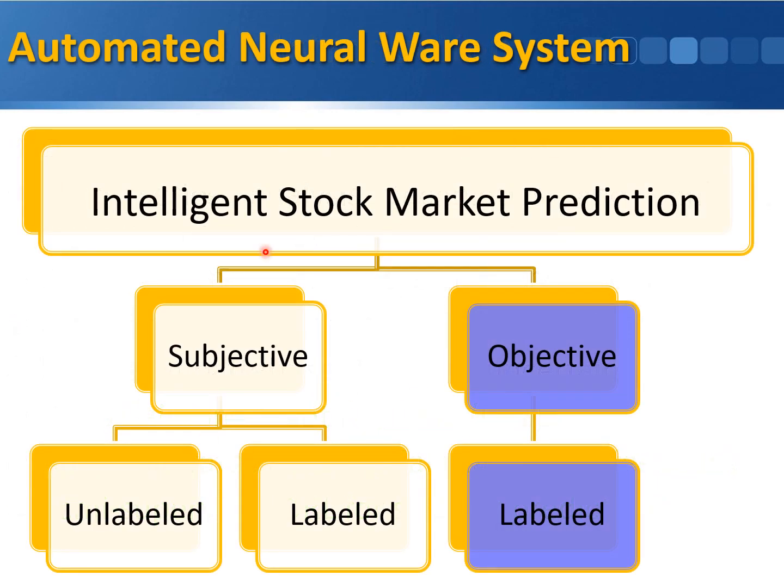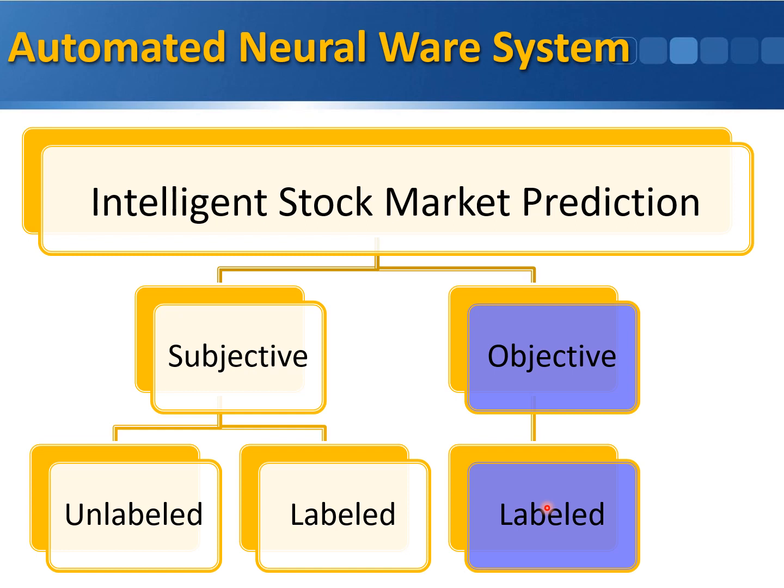In general, therefore, an automated neural system for stock market prediction is governed by two important factors: objective measurements and subjective measurements. The objective measurements are completely based on the parameters used to measure stock market prediction. So objective measurements, that means they are labeled.